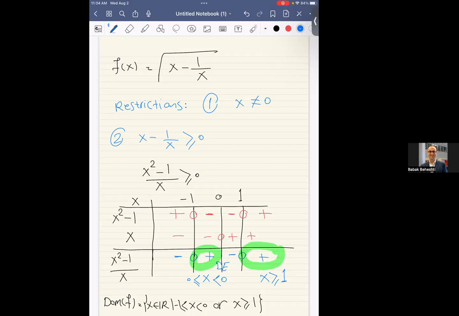In this notation, we exclude basically 0. Because here I wrote does not exist at 0, so I excluded 0.